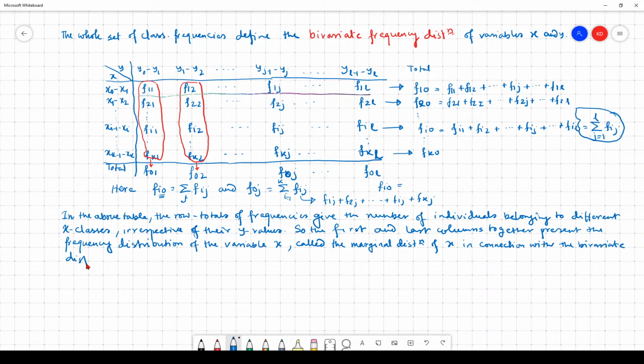That is, f1 naught, f2 naught, fi naught. These give the marginal distribution of x.